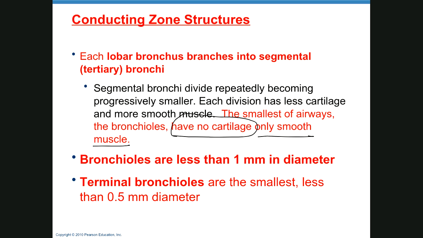The smallest of the bronchioles, as they progressively become smaller and smaller from the 1 millimeter larger bronchioles, are less than 0.5 millimeters, and it's called the terminal bronchiole. So the last conduit of the conducting zone is the terminal bronchiole.